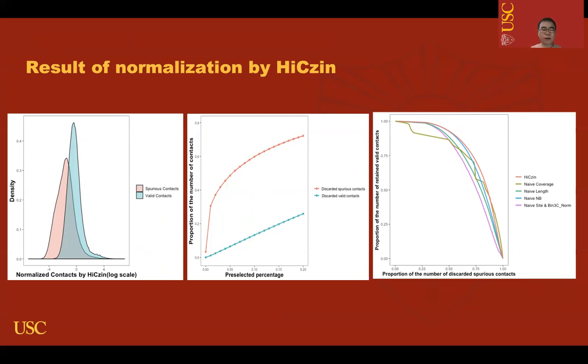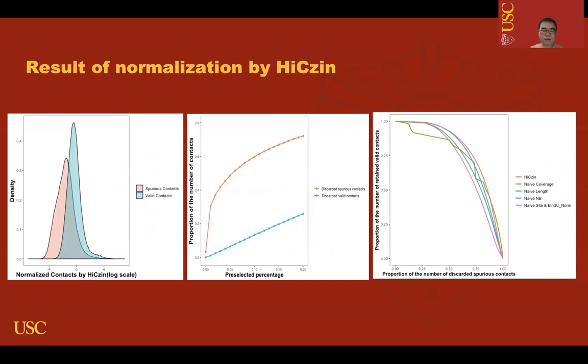To evaluate the capability of normalization methods to detect the spurious contacts while retaining the valid contacts, we designed the discard-retain curve as in the third figure.